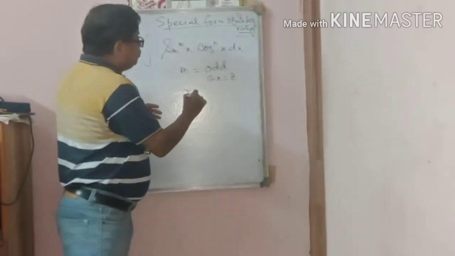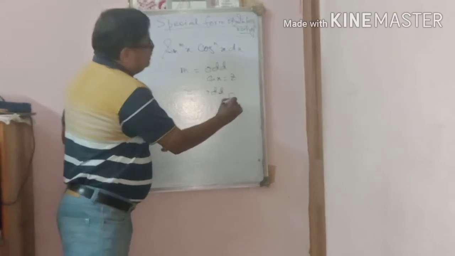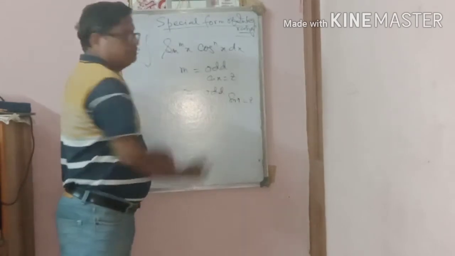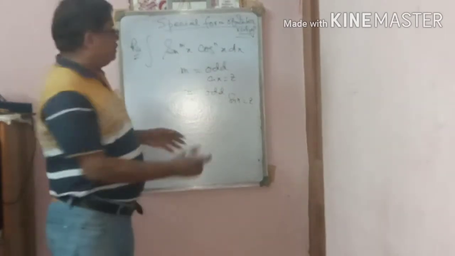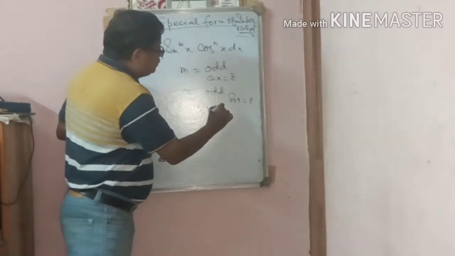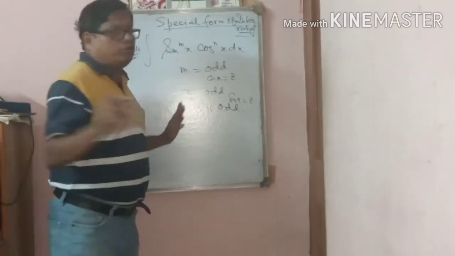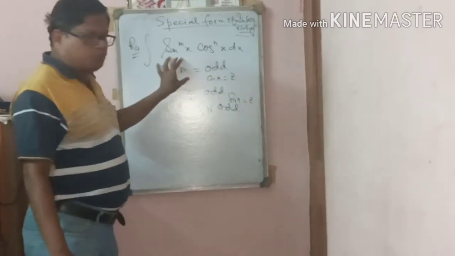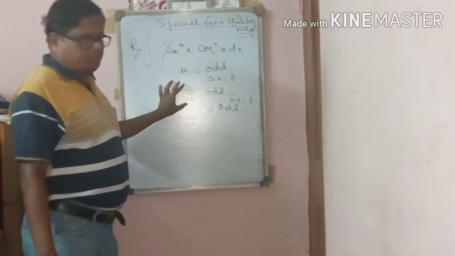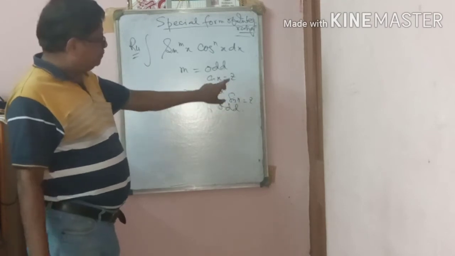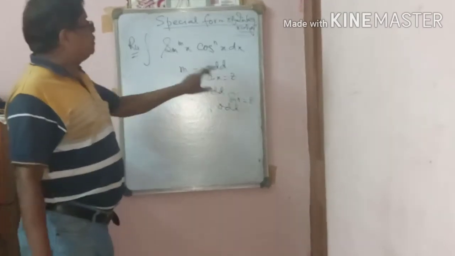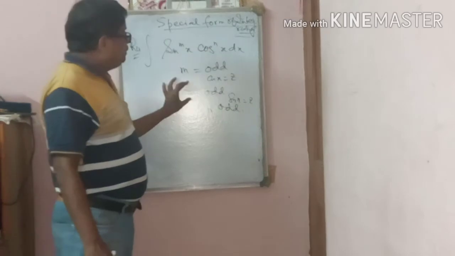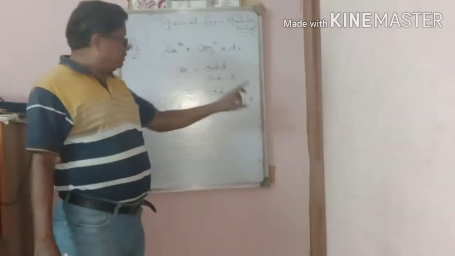If n is an odd number, then sin x equal to z. If both m and n are odd numbers, then see: if m is odd, cos x equal to z; if n is odd, sin x equal to z.